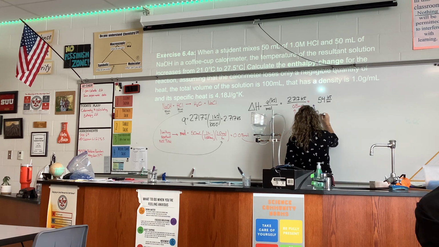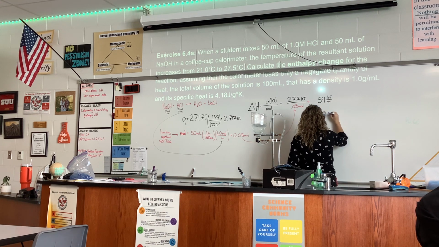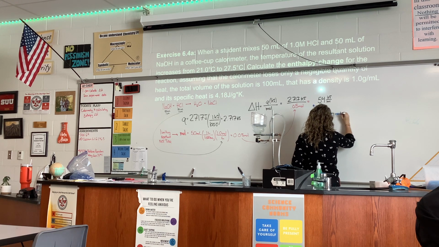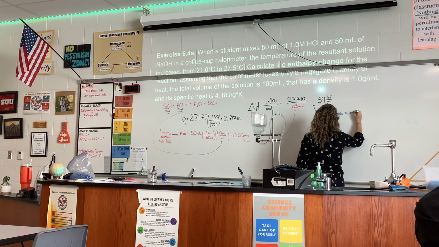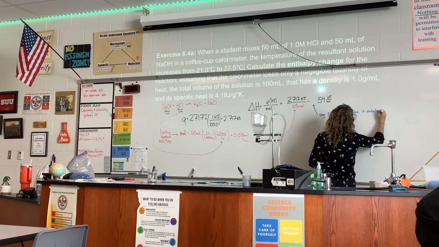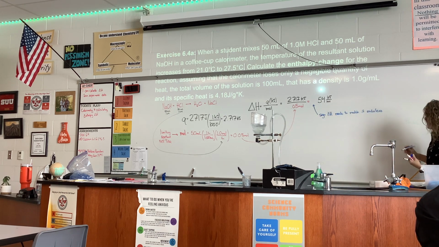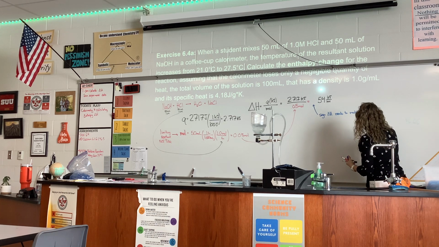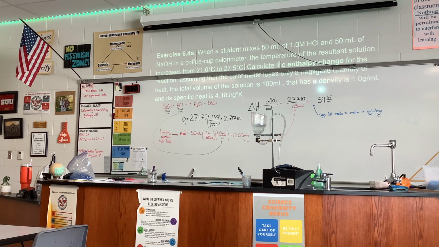So the sign of delta H needs to match if it is endo or exo. Where endo is always negative. Oh no, I said it backwards, sorry. Exo is negative and endo is positive.